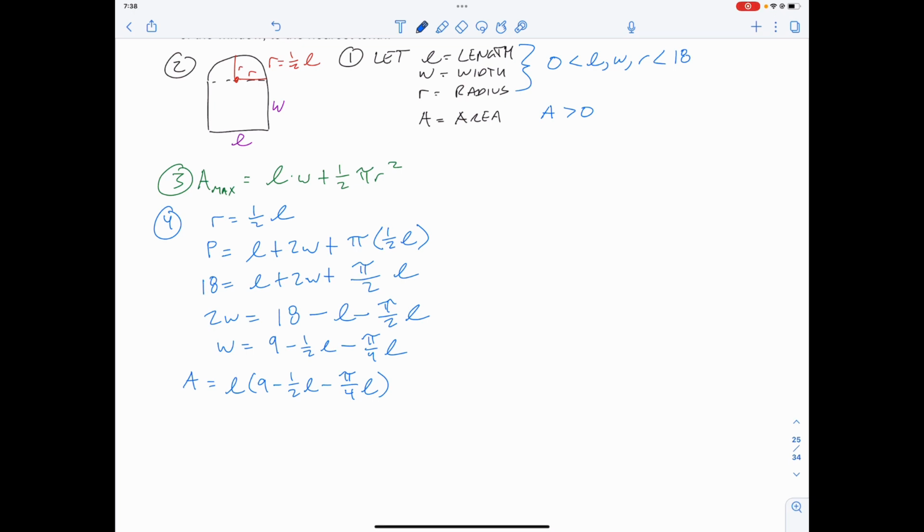That is my rectangle. I'm also going to have that 1/2 pi r squared is going to give me 1/2 pi, and the length is 1/2 L squared.